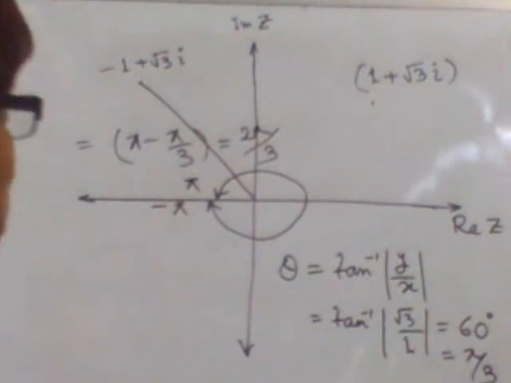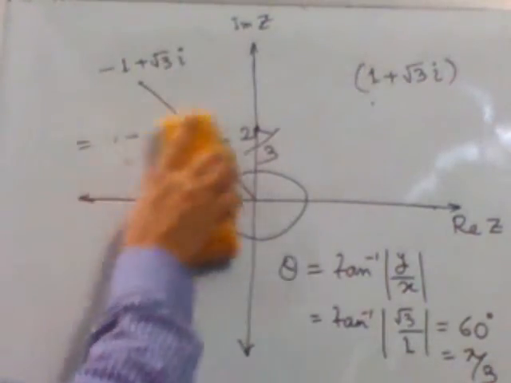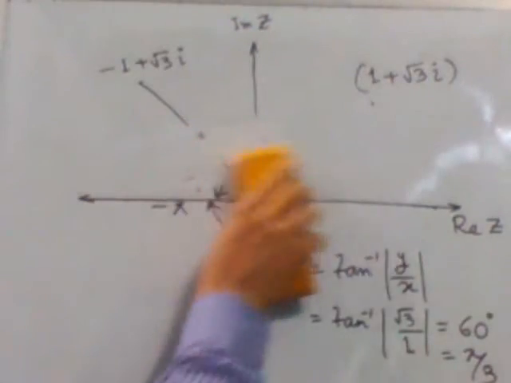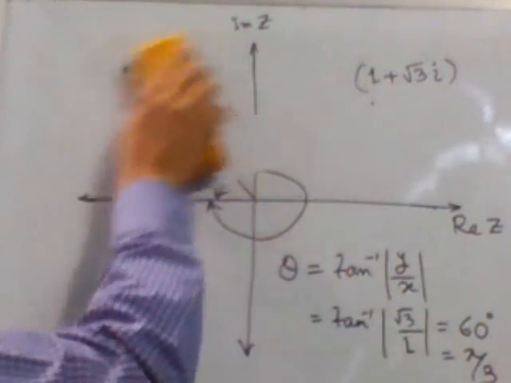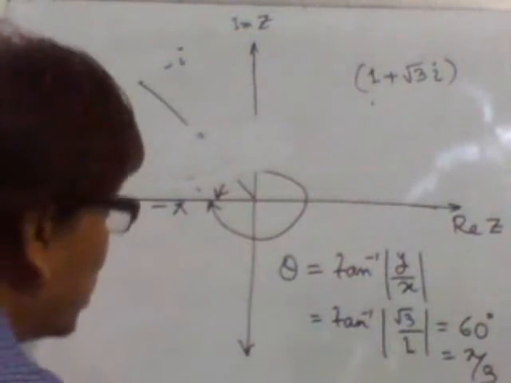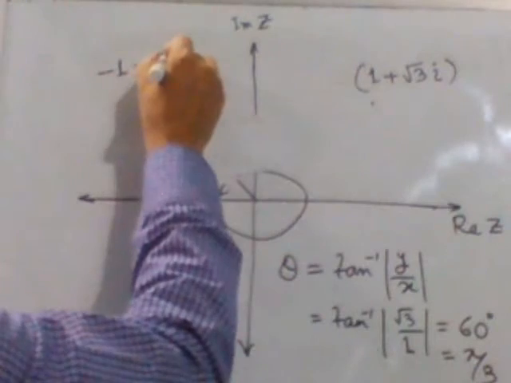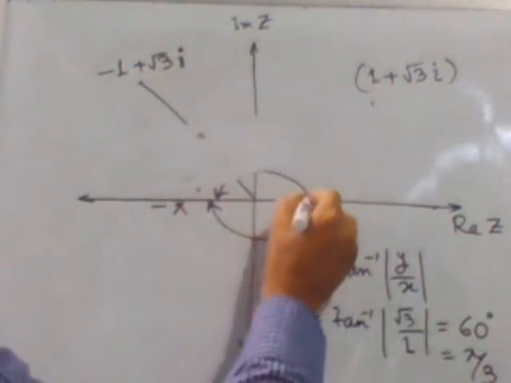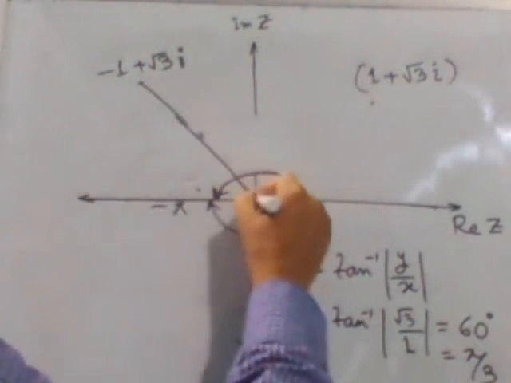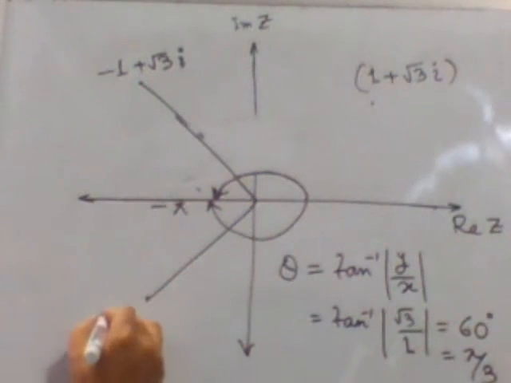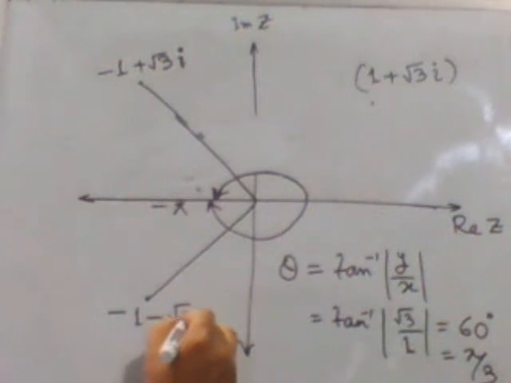Now suppose the point is in the third quadrant. Okay, let me write this. If it is in the third quadrant, suppose like here, it will be minus 1 minus root 3 i.